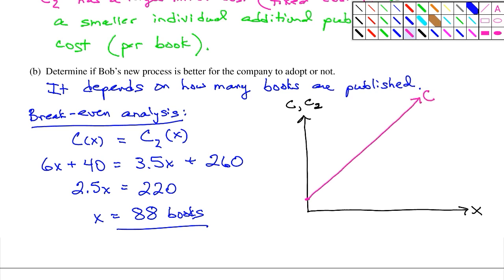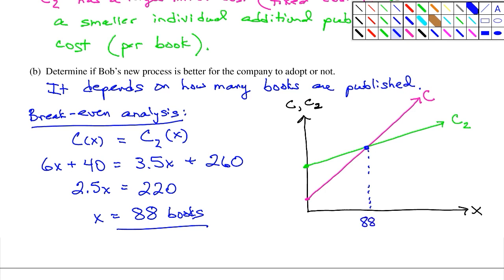And that's C. And then I'm going to graph C2, and C2 had a much higher initial value, so that's the y-intercept, but it had a much shallower slope. So it doesn't have the same kind of rise that C does. That means they eventually cross, and where do they cross? Right here. That's the break-even point, which is 88 books.